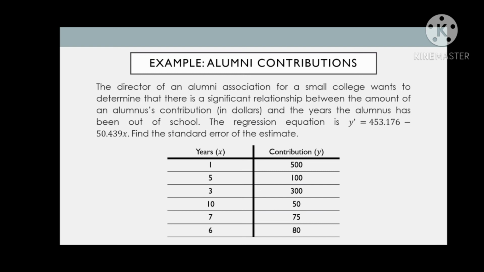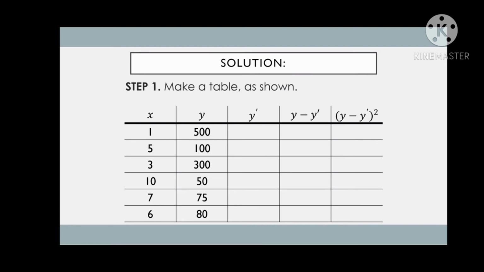Find the standard error of the estimate. In column 1, we have the years: 1, 5, 3, 10, 7, and 6. And in column 2, the contributions: 500, 100, 350, 50, 75, 80.